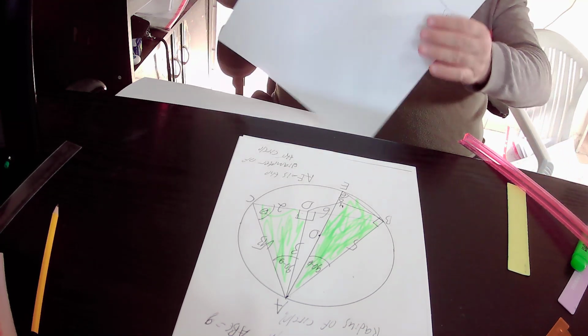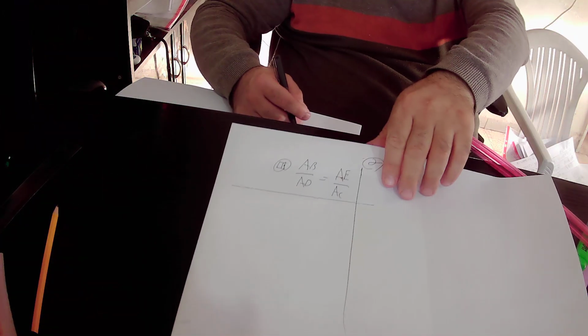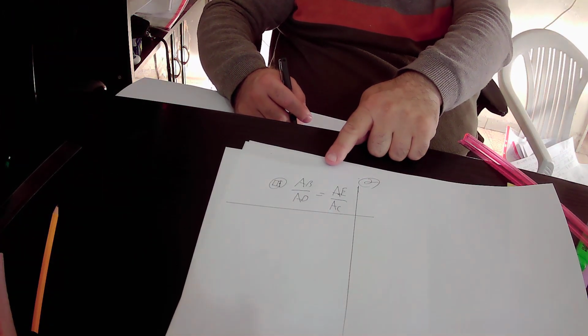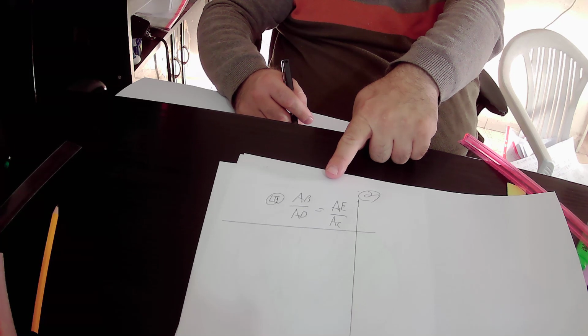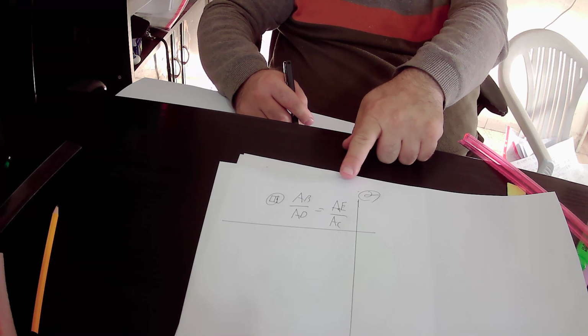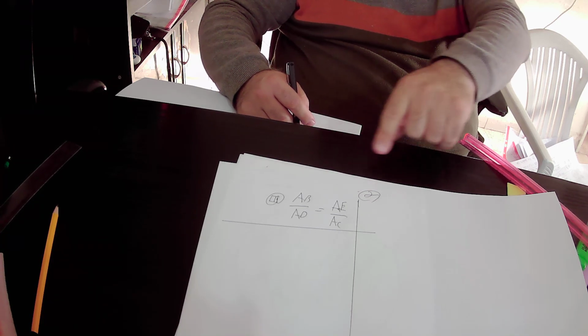I repeat again, from the fact that the two main triangles are similar to each other, we conclude that AB over AD equals AE over AC.